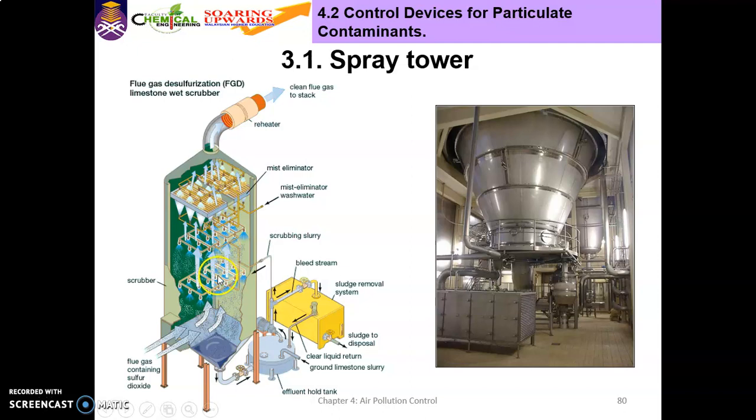In the meantime, the droplets will trap the contaminant, and then go back as wastewater collected here. So this wastewater again we have to treat. This is the disadvantage of the spray tower. And then the remaining clean air will come out at the top.